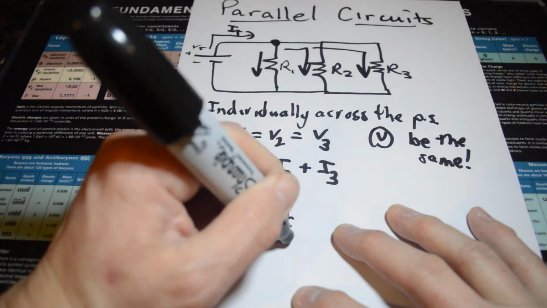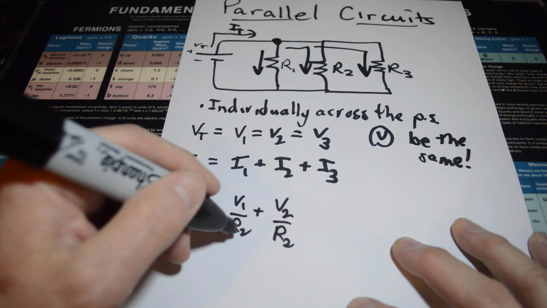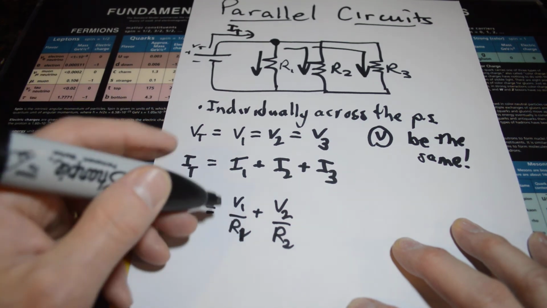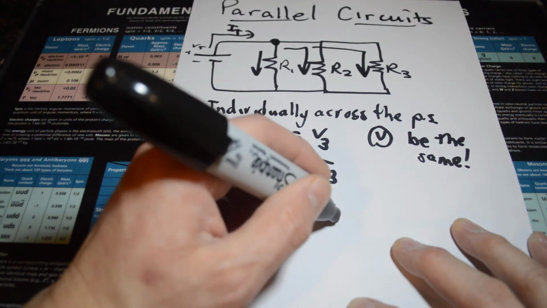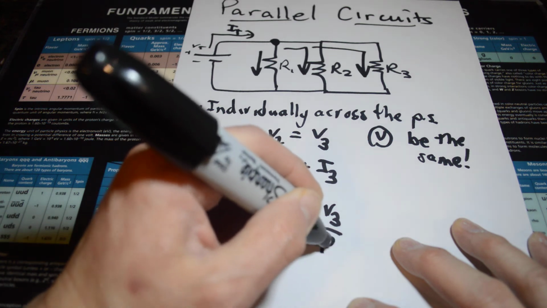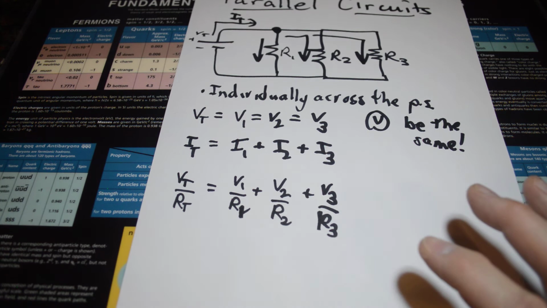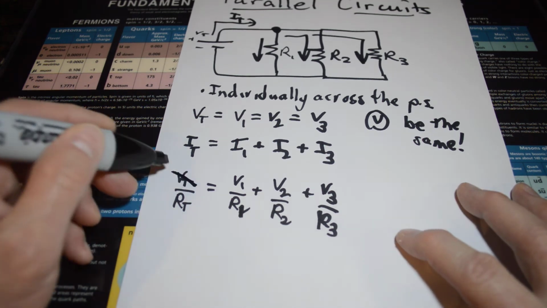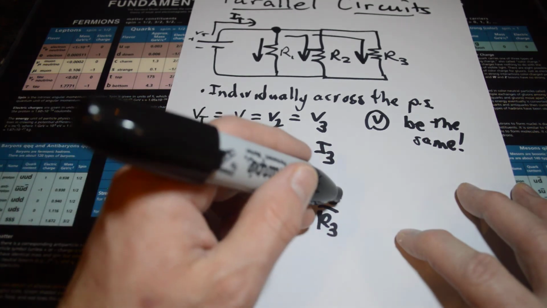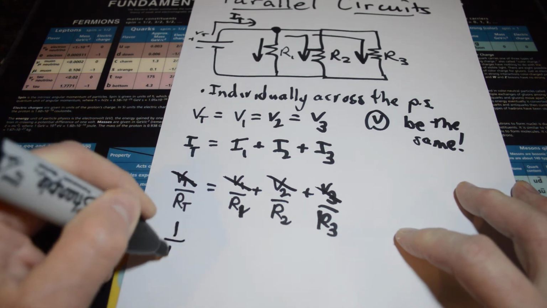If you follow along with me, I'm going to put in V over R for each one of those individually: V1 over R1 plus V2 over R2 plus V3 over R3. And realize that the voltage would be the same, so it cancels.